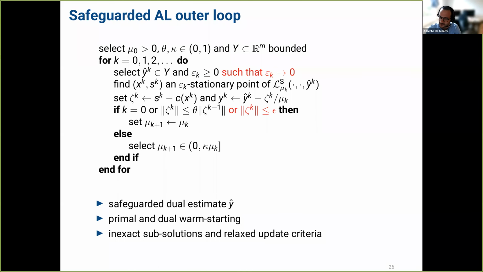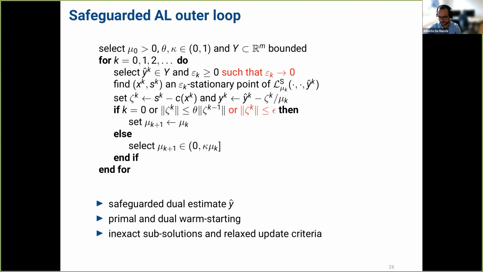So we just need to make epsilon k smaller than some epsilon when k is big. And we can also just ask for this implicit constraint violation to be smaller than some epsilon. So we can allow for this relaxed update criteria for the penalty parameter and also for the stationarity of our subproblems.